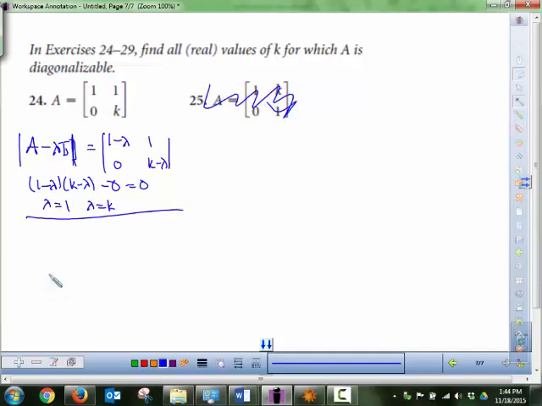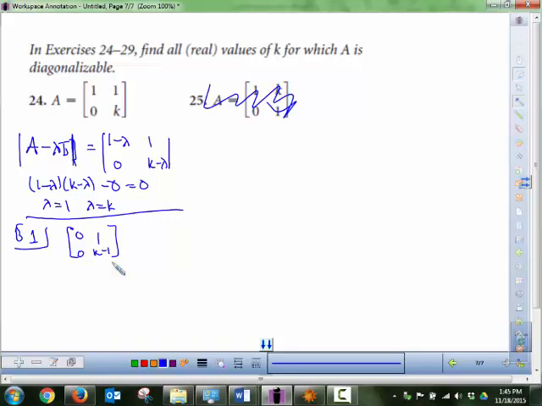So let's take a look at the eigenvector for 1. So when lambda is equal to 1, I have 0, 1, 0, and then k minus 1. So let's see. How can this work? Do we have a free variable?